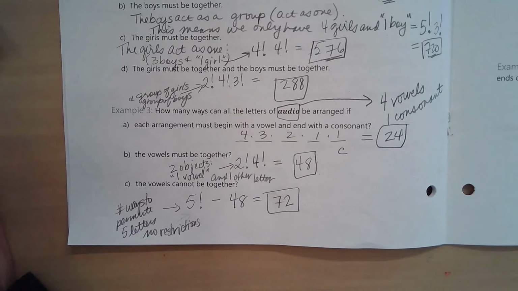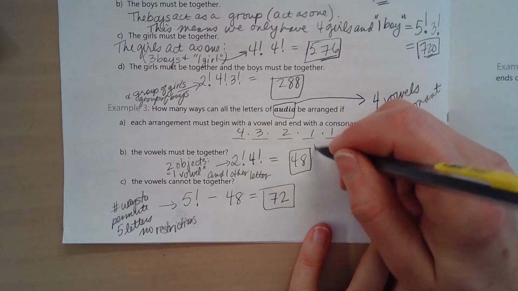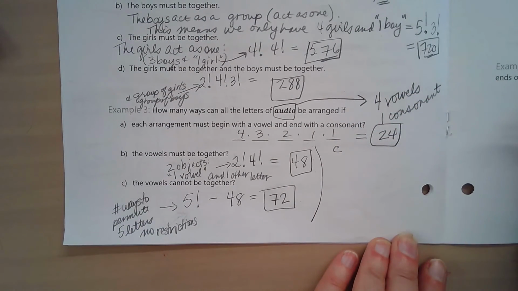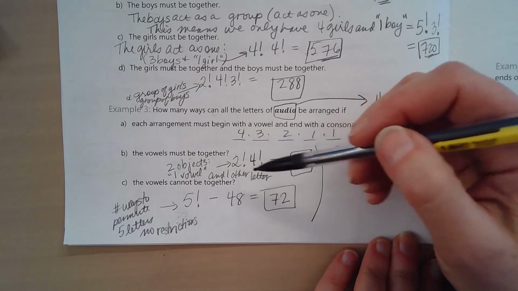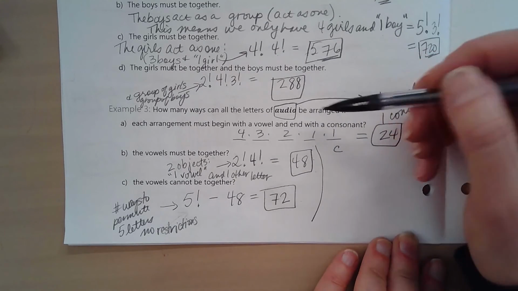Okay, vowels, number of ways to permute, 5 factorial. For the vowels must be together. Why does that work mathematically? I gotta think about that one. You're right, Eileen. And Adam, right? Why does this work? The vowels must be together.